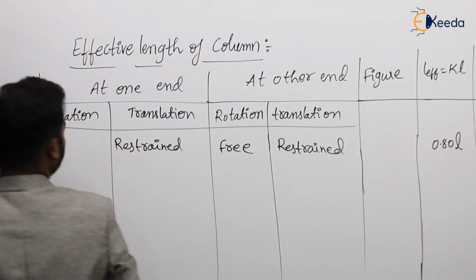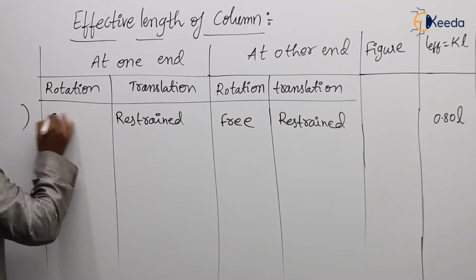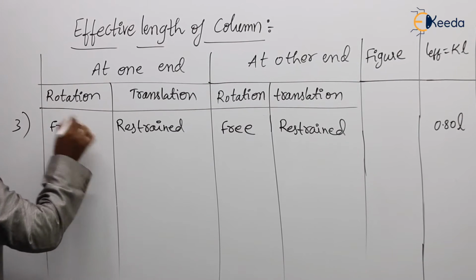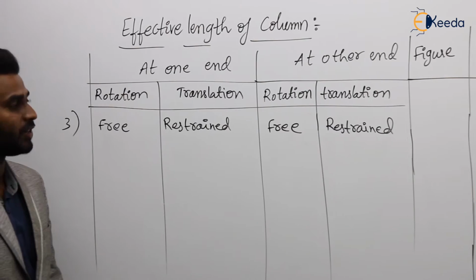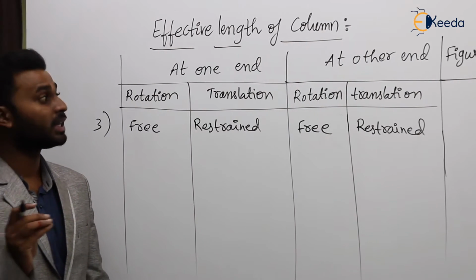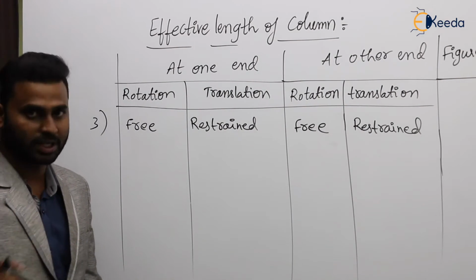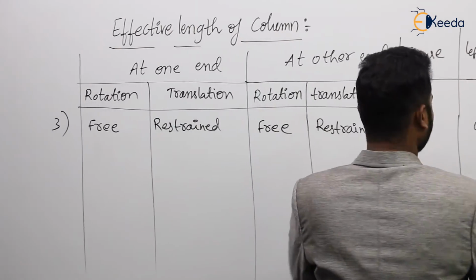If we see the next case, make rotation also free at the other end. So now which type of support is it at both ends? It is hinged support. We know that for hinged support, the translation is restrained but not rotation. Agree?